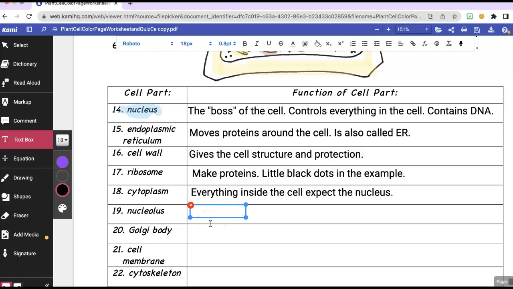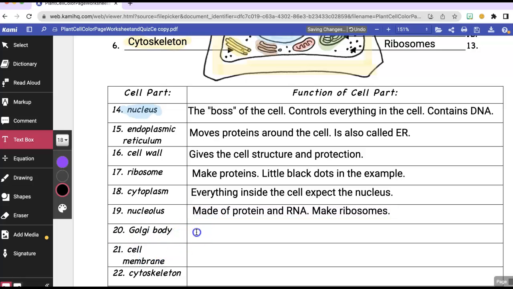So let's write that down. Made of protein and RNA, makes ribosomes. Okay, get that written down, and we're moving on to 20.